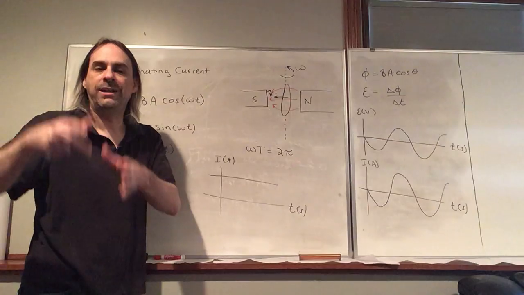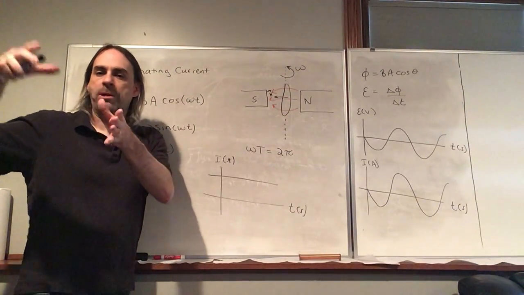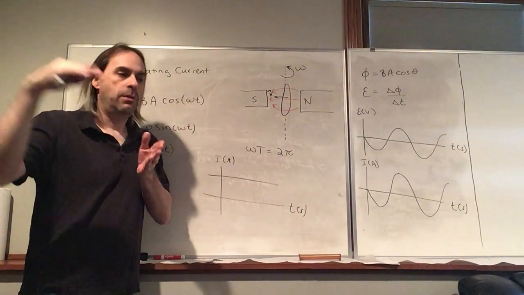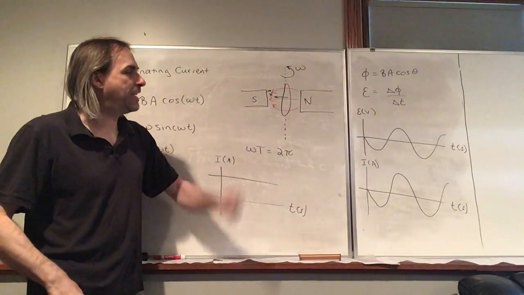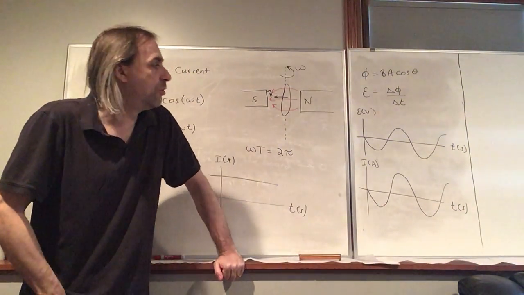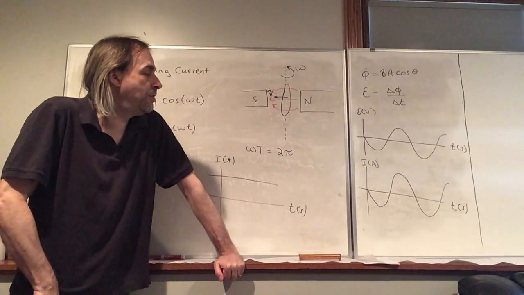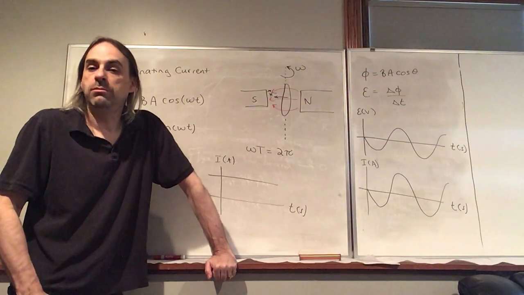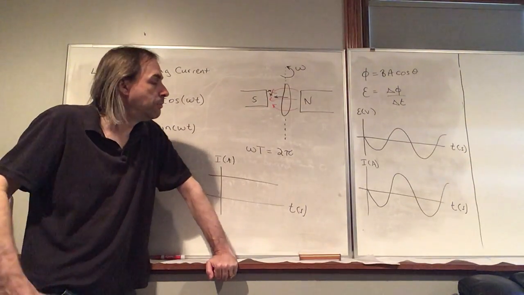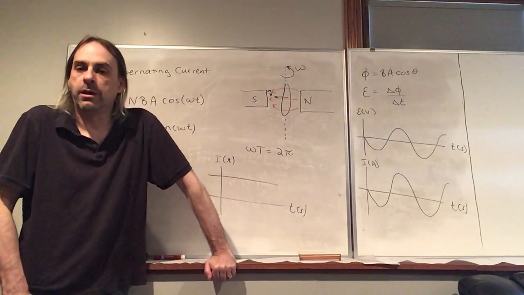Hydroelectric, you have a dam. You can open up a gate and let water flow. The water flows through a turbine, generates electricity. So almost everything we do, almost all the energy we use is generated by Faraday's law. Basically, a coil rotating in a magnetic field.